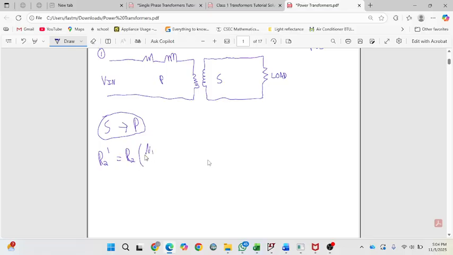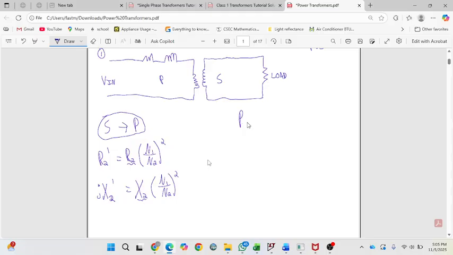Same thing for X2 prime: it will be X2 times N1 on N2, squared. That's basically what it is. Just note it's prime because it's on the side it's not supposed to be on. You multiply the current value by the turns ratio factor.